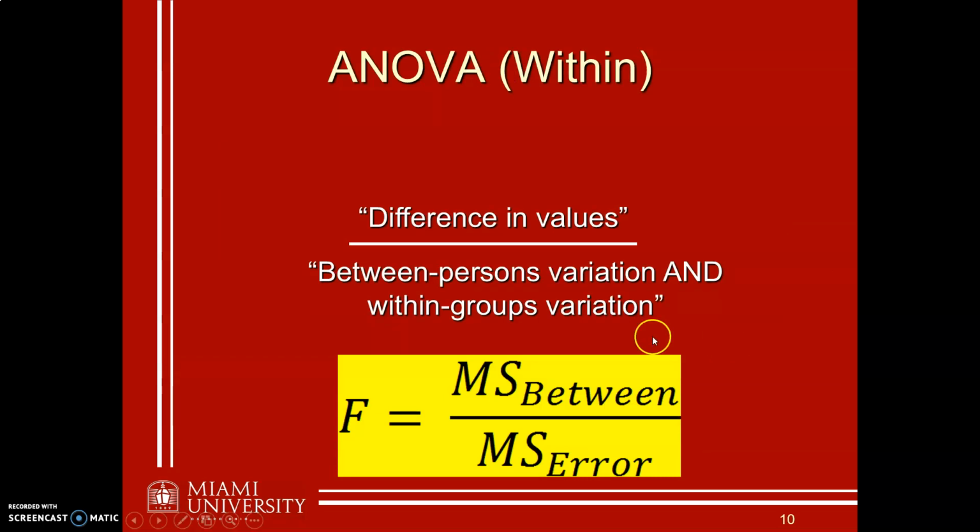We're looking for the difference in values across groups and seeing whether that is bigger than the difference between persons and within groups. We could also say the difference in group means is bigger than the difference between persons or within groups. Or you could say the variability across group means is bigger than the variability between persons and groups.